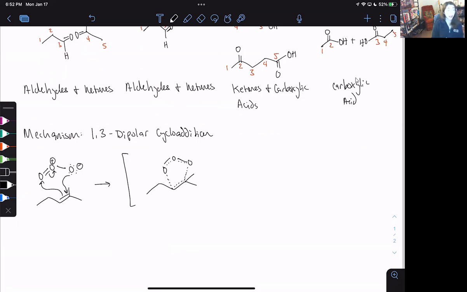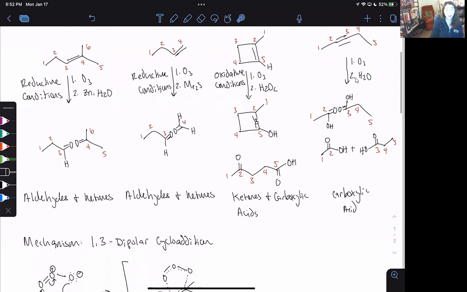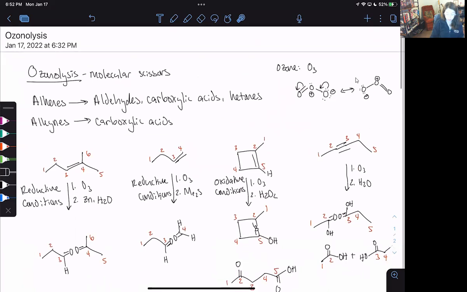okay, so I added an extra dotted line here. So this sigma bond was persistent the whole time, but I added a little dotted line there because we want to think about the fact that we still have this resonance structure. So I have a partial bond, a partial double bond between the oxygens on both sides.